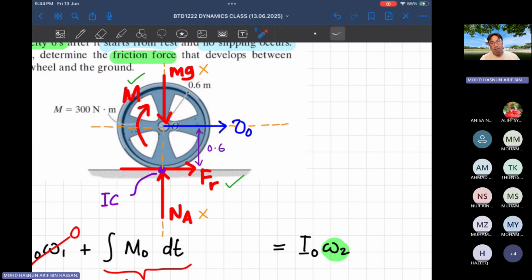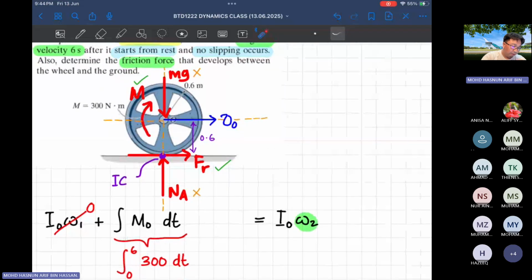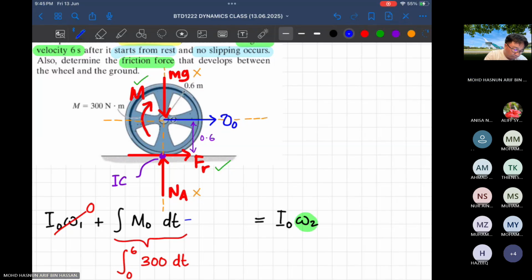The direction of rotation is clockwise, but the friction to go to point O will go in the anti-clockwise direction. So that will give you a negative moment. So let's put in M_O minus F_R times 0.6 dt.